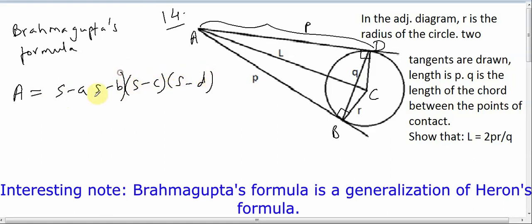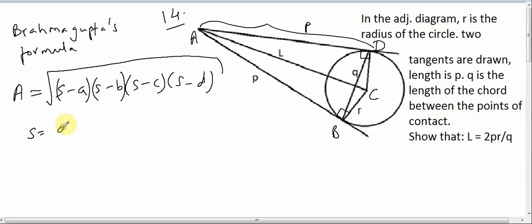So this is the formula for the area, where S is equal to A plus B plus C plus D whole divided by 2. I suppose this quantity is called the semi-perimeter or something like that.